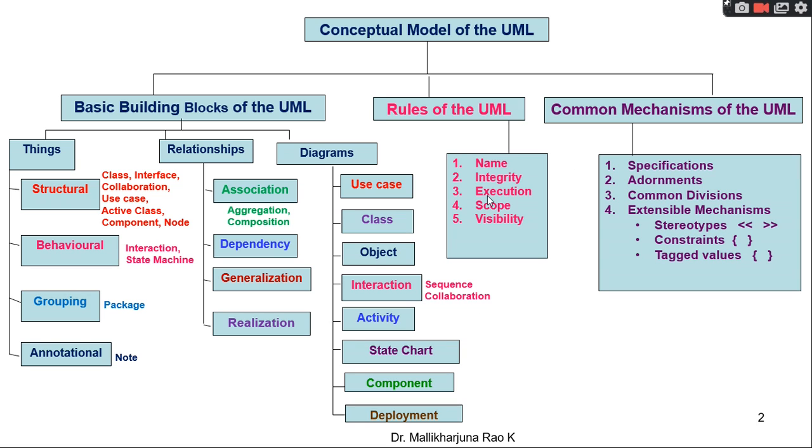Coming to visibility, it is how it is visible to the external world, particularly in class diagrams. In object oriented programming, we know that classes are accessed in many ways, like public, private, protected. To represent that, we'll use visibility. So these five rules are useful to design a meaningful diagram.